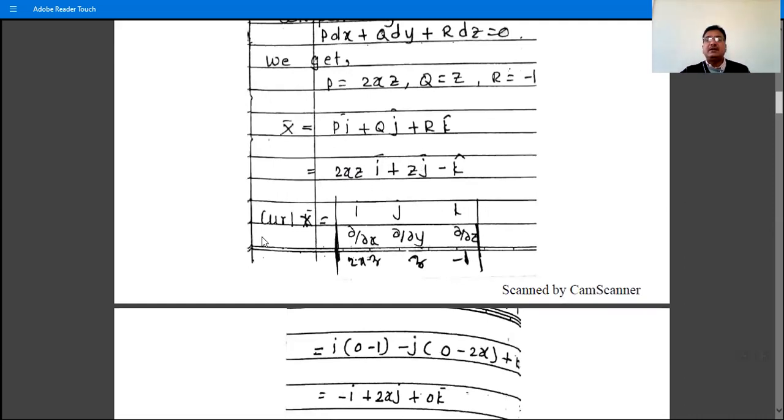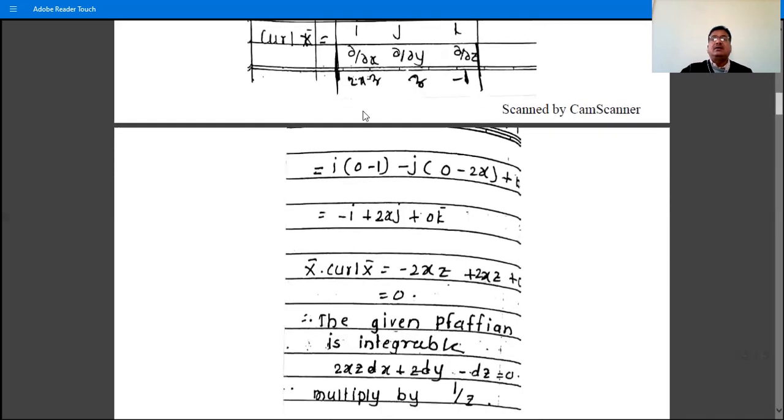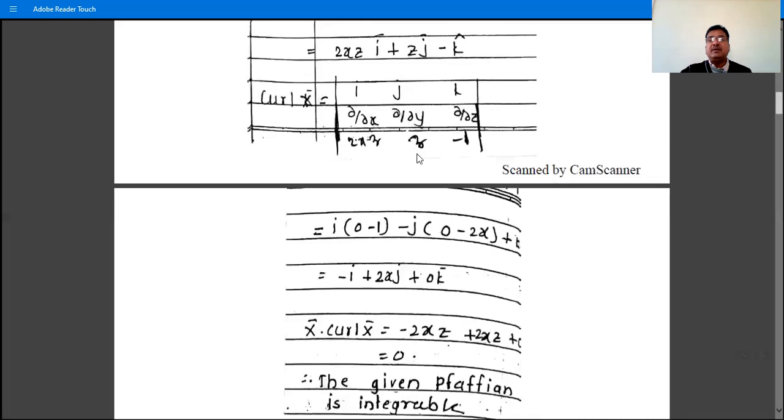We have this vector, and then curl x̄ is the determinant of i, j, k; ∂/∂x, ∂/∂y, ∂/∂z; and then 2xz, the coefficient of Q is z, and R is minus 1. After solving this determinant, we have i in bracket: ∂/∂y of minus 1 is 0, minus ∂/∂z of z is 1, minus j in bracket: ∂/∂x of minus 1 is 0, minus ∂/∂z of 2xz is 2x, so minus 2x, and plus k in bracket: ∂/∂x of z is 0, minus ∂/∂y of 2xz is 0.